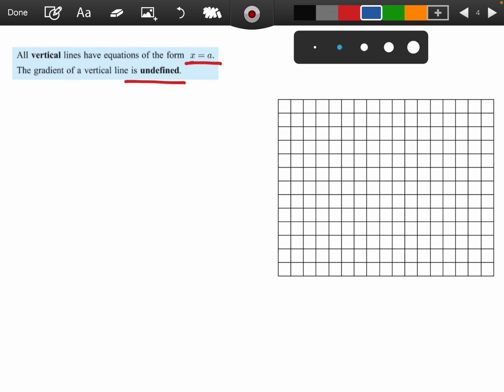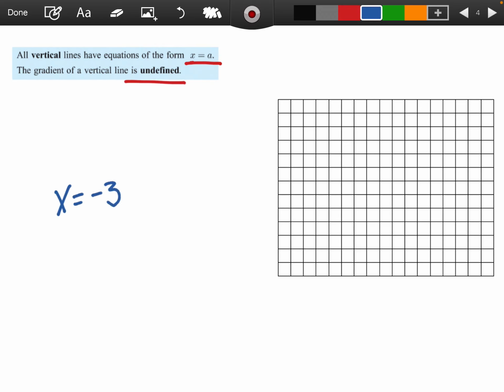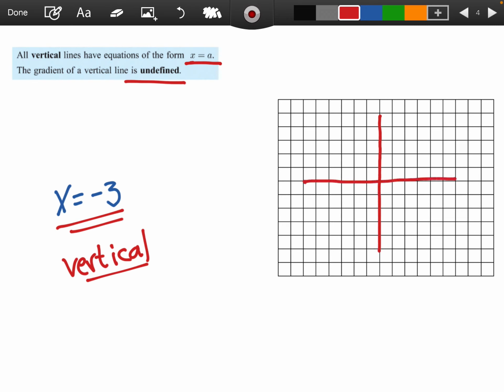We've seen that already. So let's imagine you were asked to graph x equals negative 3. You need to get to the point where you can recognize that it is a vertical line. Then you're going to draw yourself a set of axes with a ruler, of course, and then you're going to plot your points.